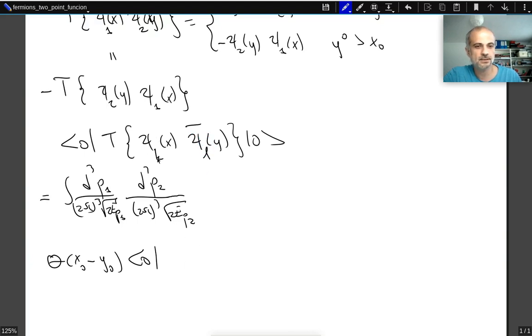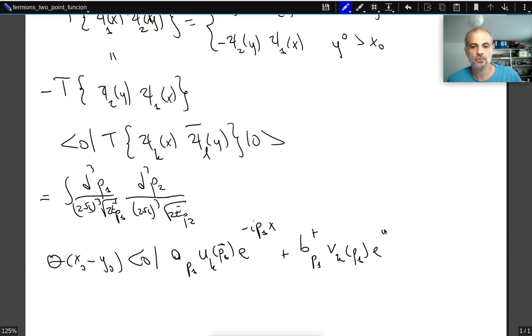Well, psi k is a of p1, u with the momentum p1, but now we are taking the k component of u, and then we have e to the power minus i p1 x, plus b p1 dagger v, the k component of v of p1, e to the power i p1 x.